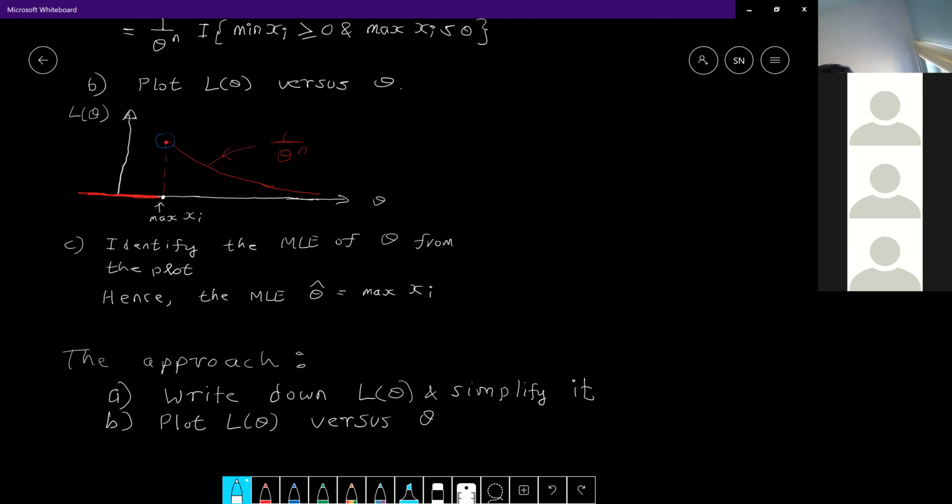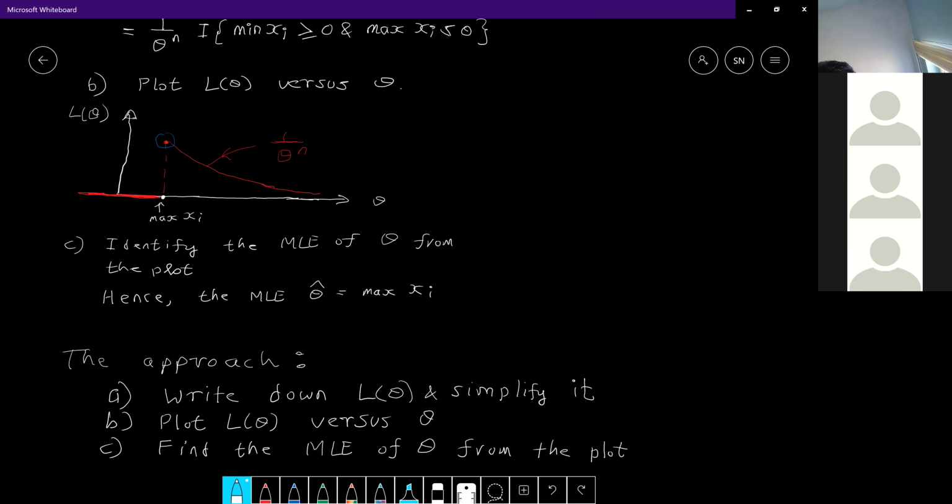And step C is to find the MLE of theta from the plot.